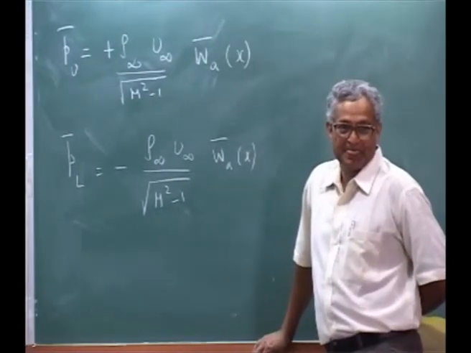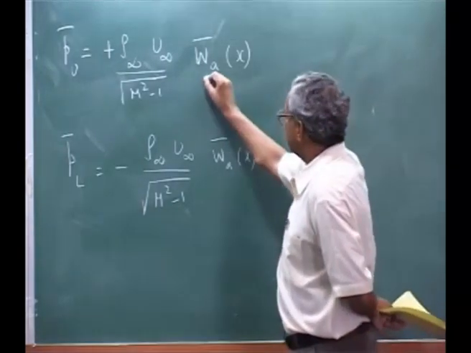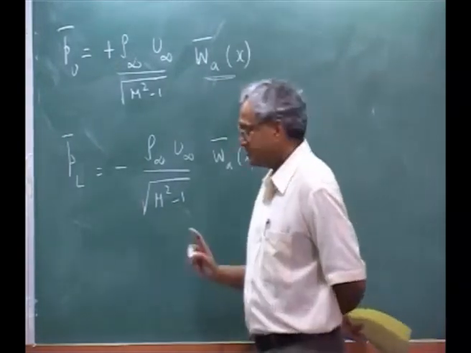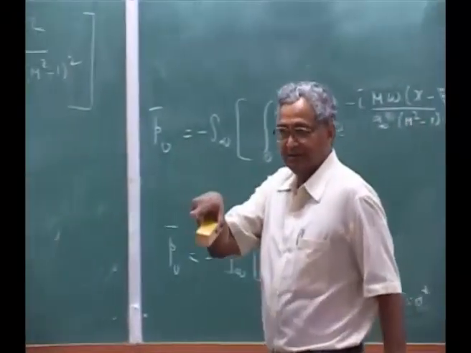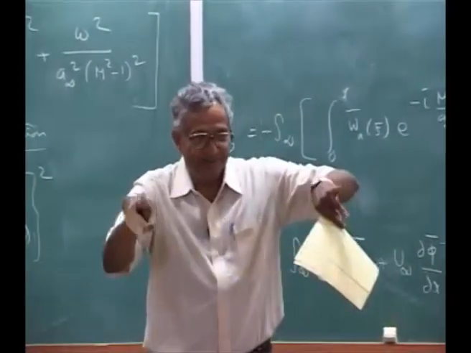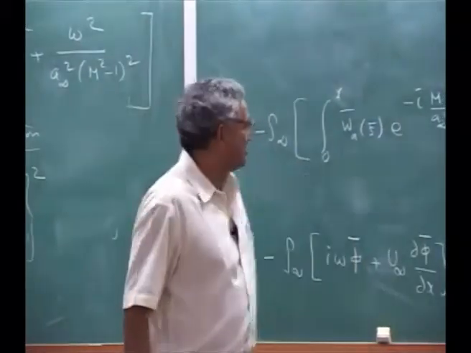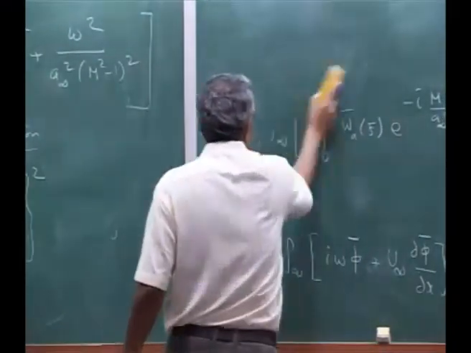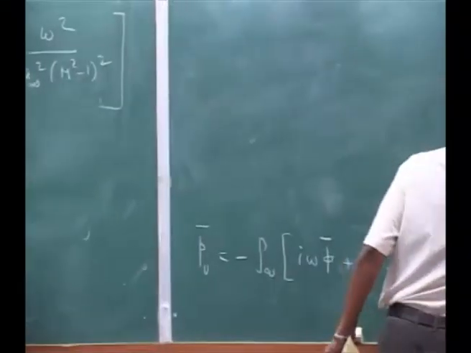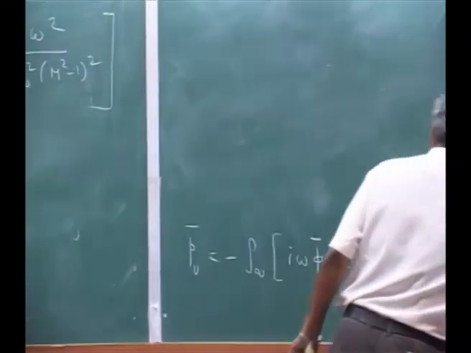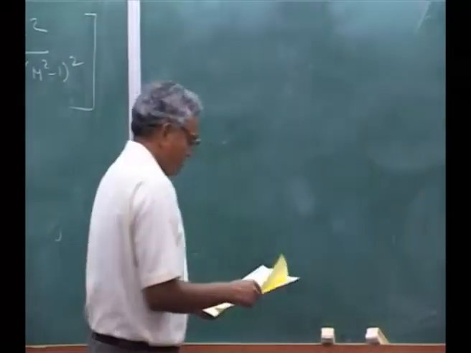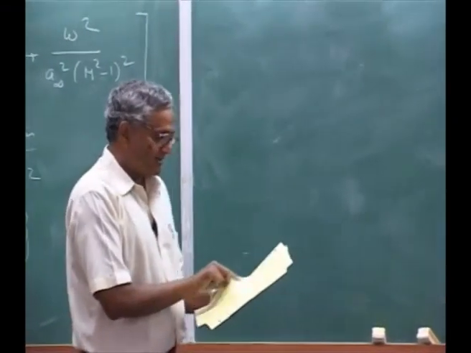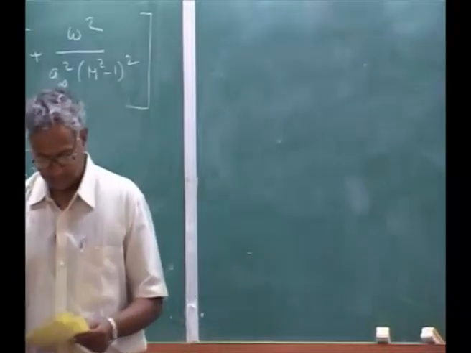Now W bar A is nothing but the velocity of the fluid on the aerofoil where it is kept. So you can write that expression, because this is a very highly simplified form.